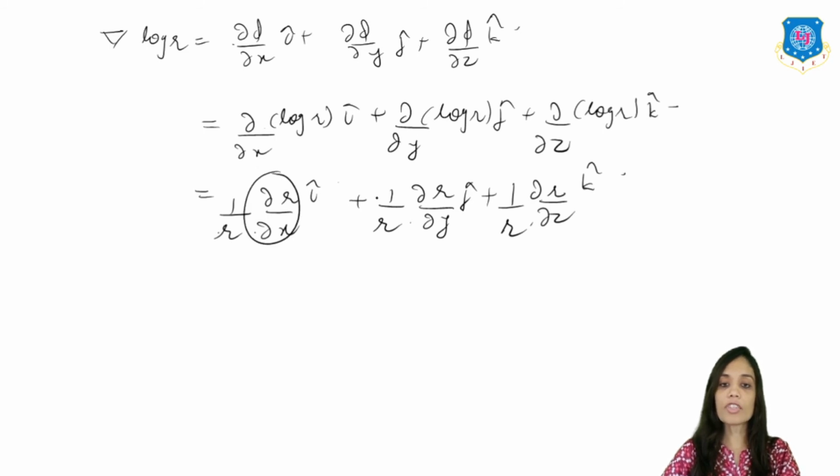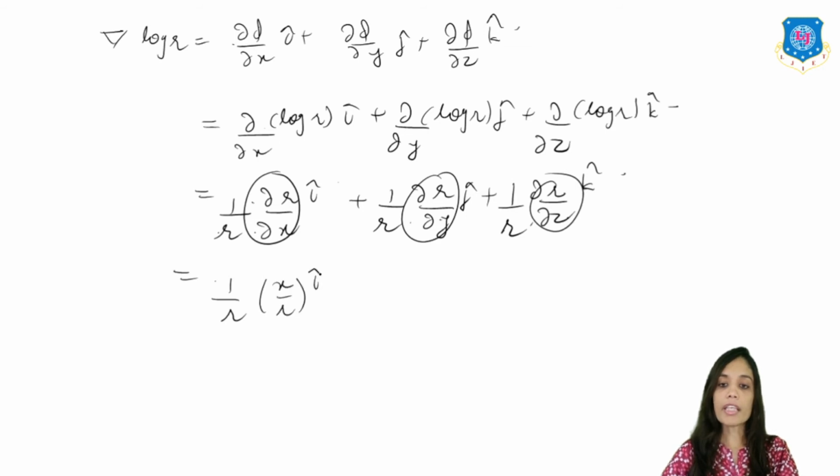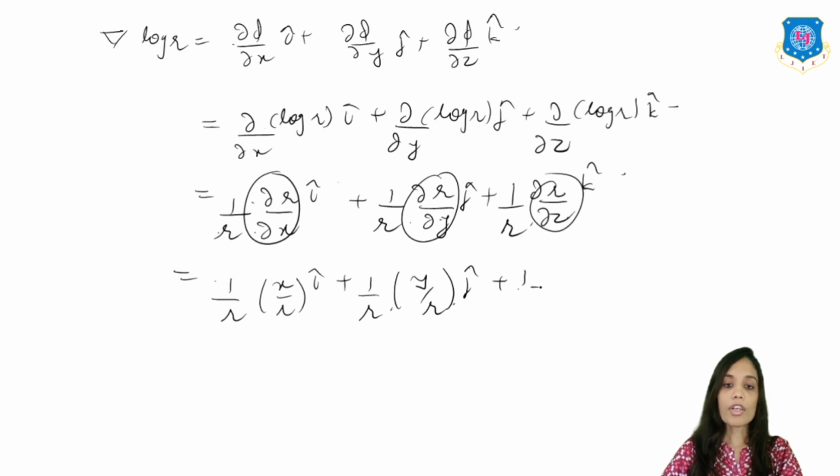You know the answer of these three quantities, it is x by r, y by r and z by r. So we can write this as 1 upon r into x upon r i cap plus 1 upon r into y upon r j cap, plus lastly 1 upon r z by r k cap.